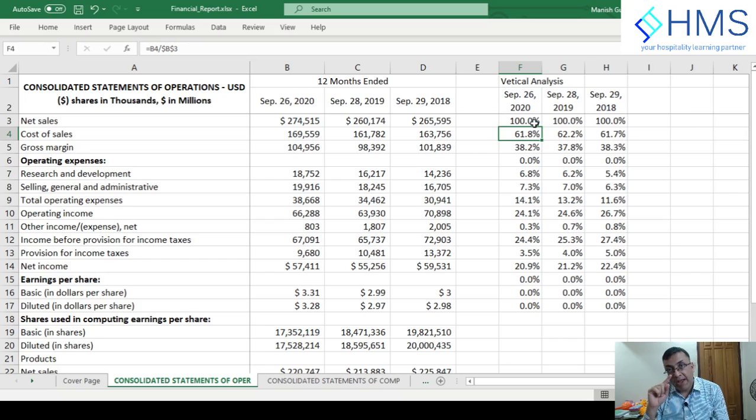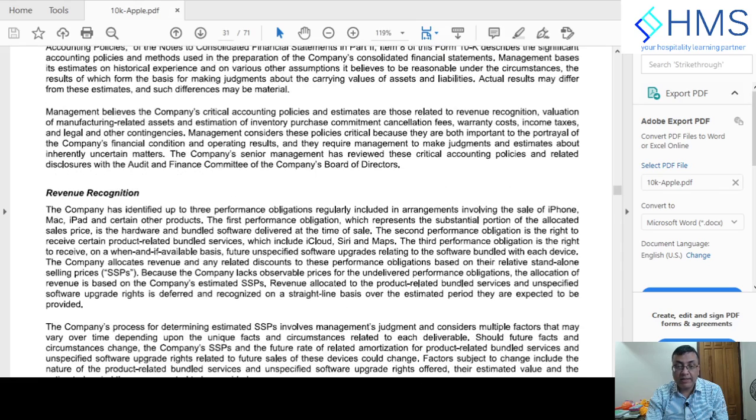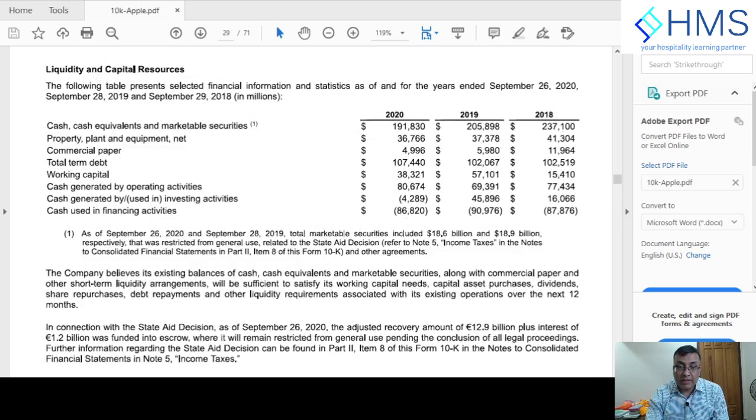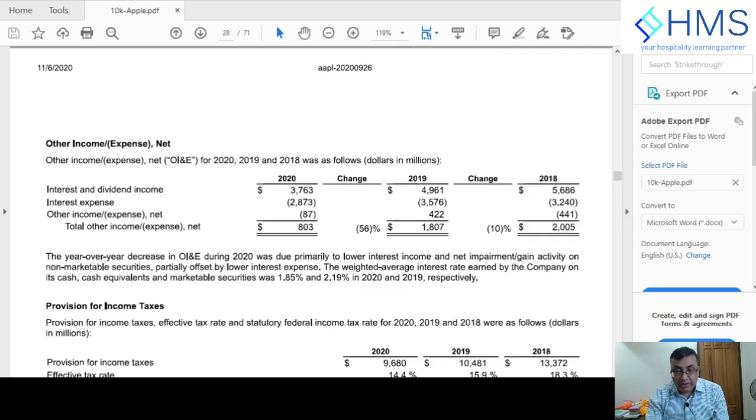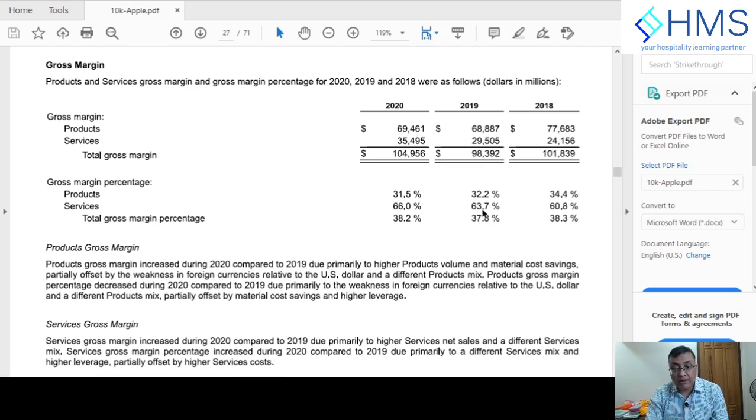But we have already seen in our management discussion and analysis that a possible reason for this is that the segmentation is different, because in the segmentation we saw that the gross profit for products is dropping. Here you can see the gross margin for products is dropping, and for services is increasing.